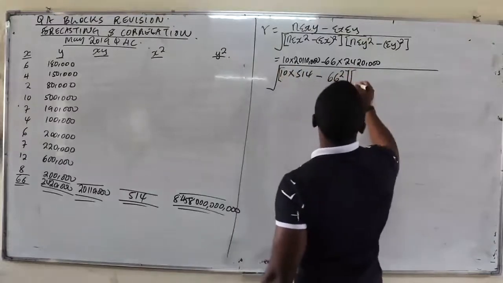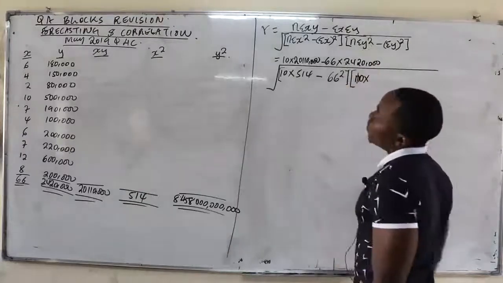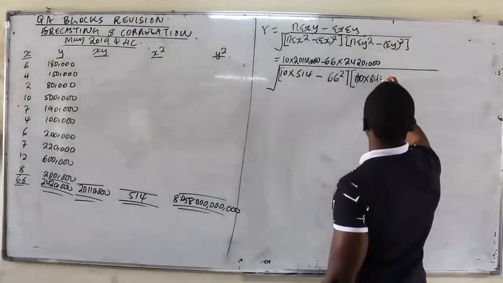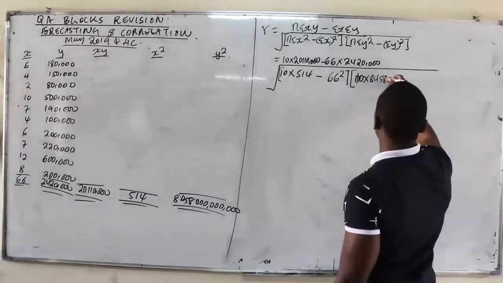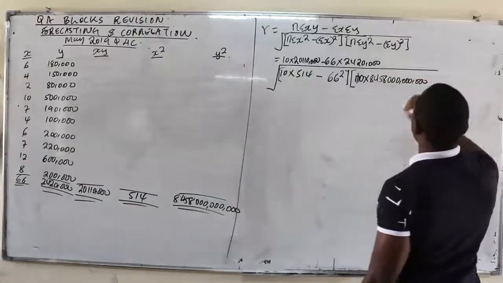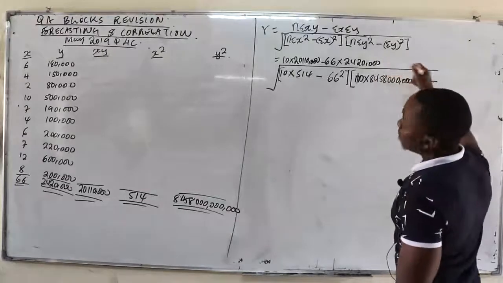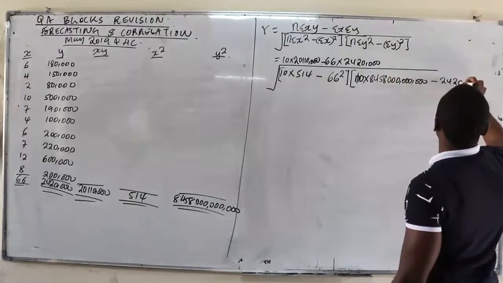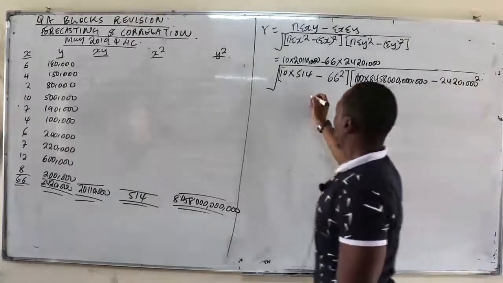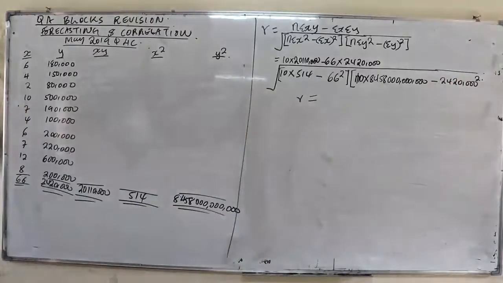All of it you multiply by n, which was 10. Summation of Y squared we have is 8,458 billion. And then you minus summation of Y, which was 2420, squared. Then you get the square root. So what do you get? You do it like that.